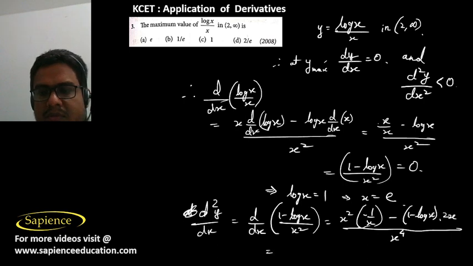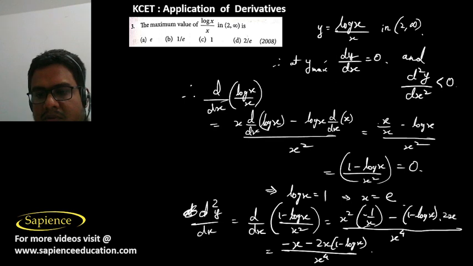This is minus x minus 2x into 1 minus log x, divided by x power 4. That will be minus 3 plus 2 log x divided by x cube.